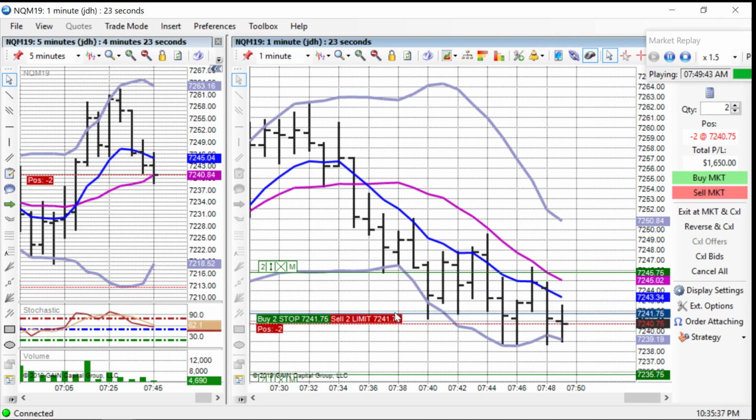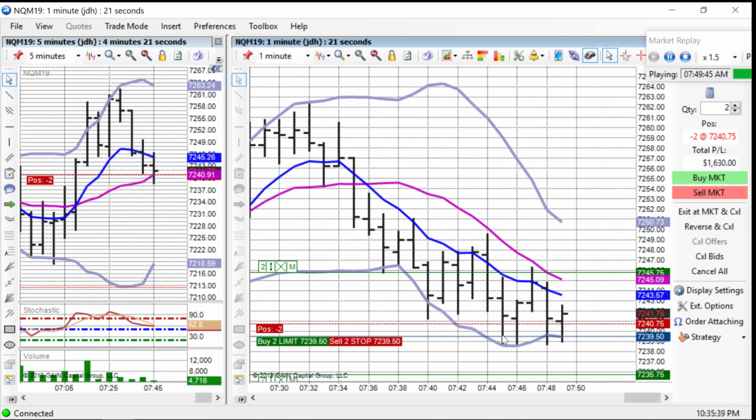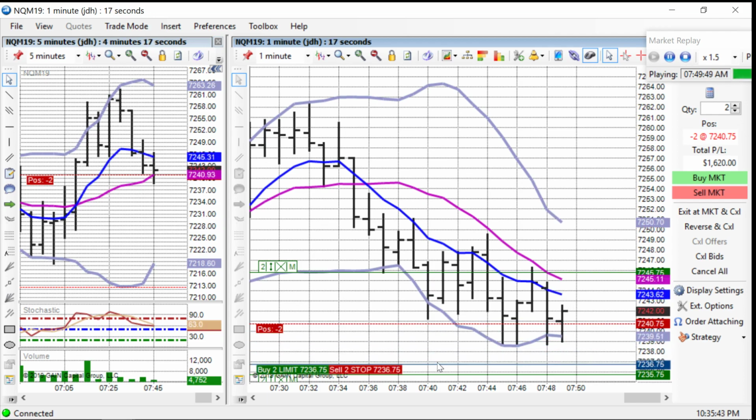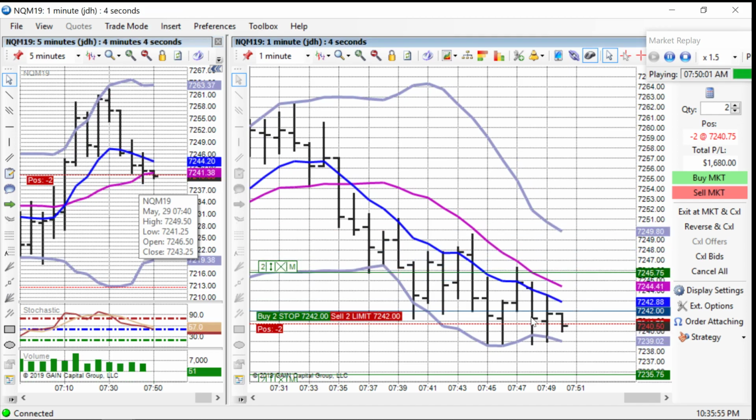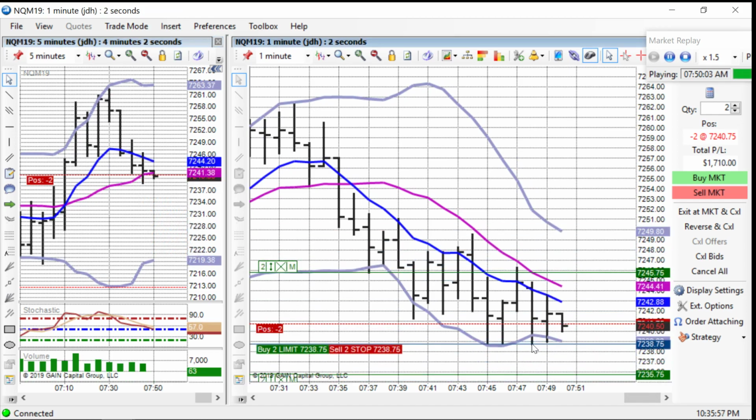I'm just getting in the trade too close to that Bollinger Band, as you see right here, because if you look at the 5-minute chart, I'm right on the money as far as the breakout of that low. That's what I was trying to trade there, but timing's a little off on the 1-minute chart.